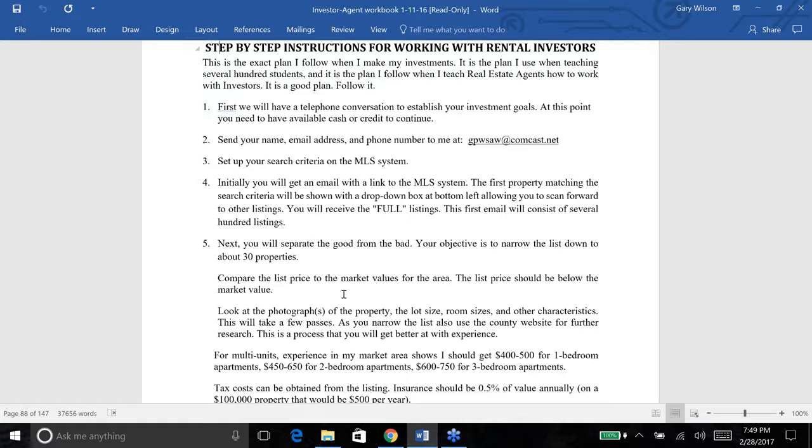We're using our school report, Melissa data, Planning Commission website data to determine specific areas where we're going to be looking for our properties. So what that allows us to do is we can do some market analysis on those specific areas because we're getting very specific. Well, you need to do that because you need to be able to tell your client, hey, that type of property, that area should go for this amount of money.